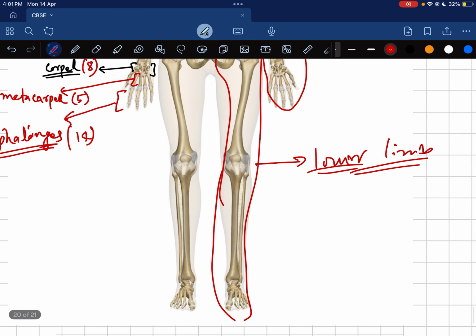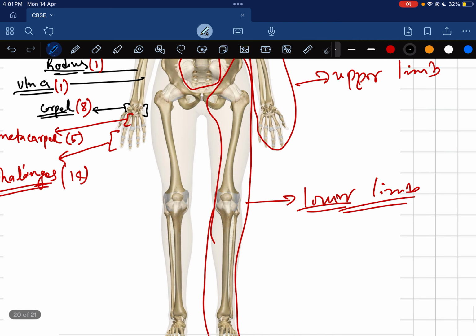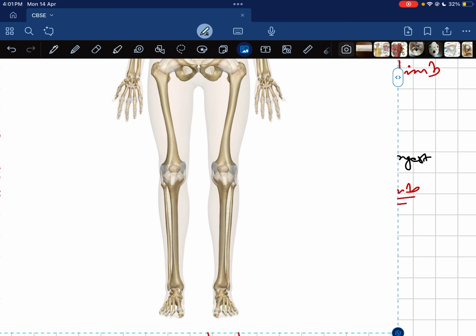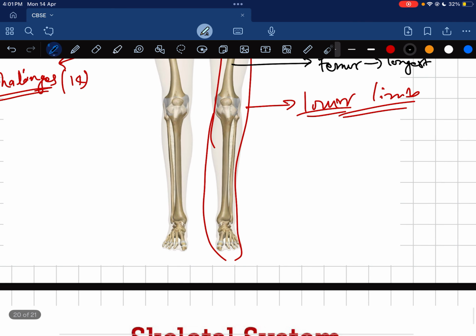In the lower limb, in another color, there is the femur. This is the femur, the longest one. After that this is the patella, and this is the fibula and tibia.